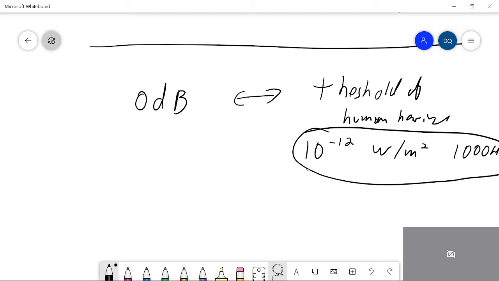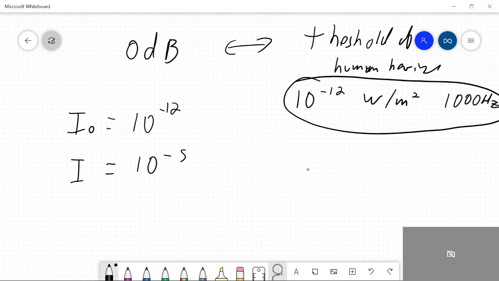So if your sound intensity is, let's say, I naught, so we use the word naught to indicate that 0. I naught is 10 to the minus 12. And then if we're looking for our decibel scale at I, let's say it is, I don't know, 10 to the minus 5.